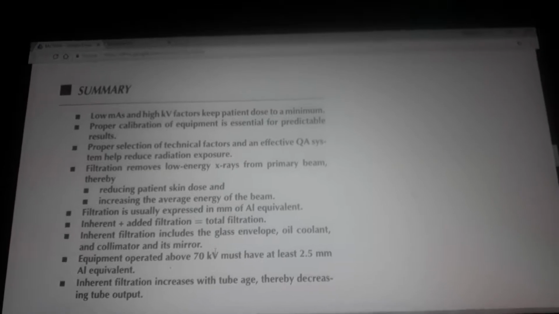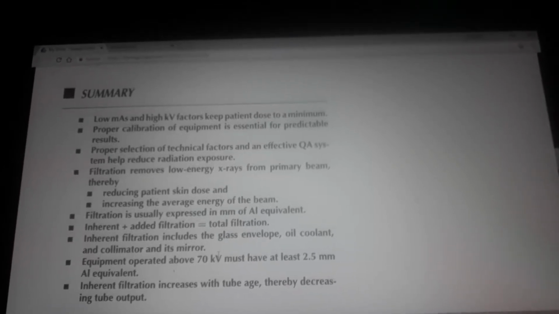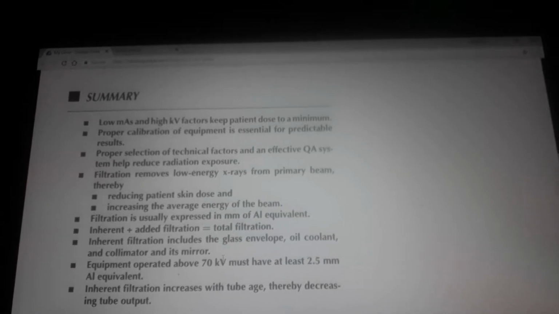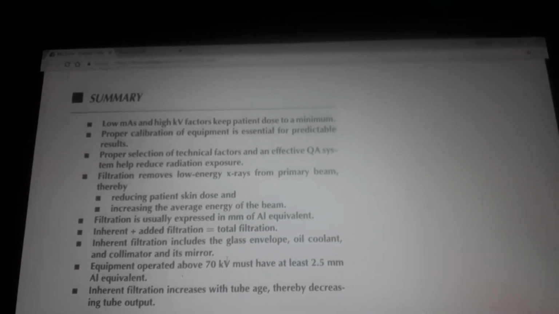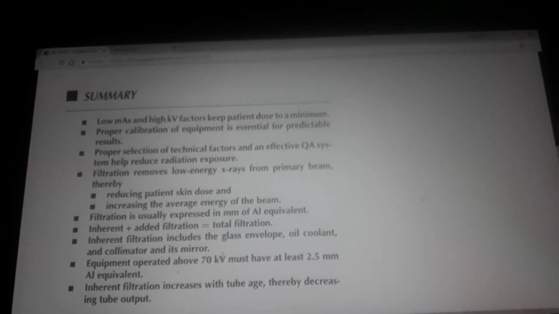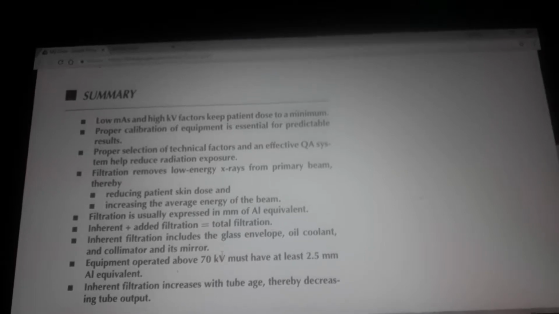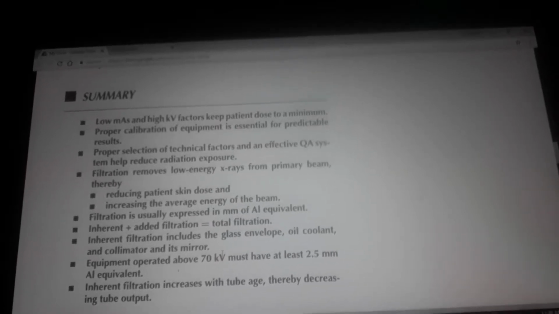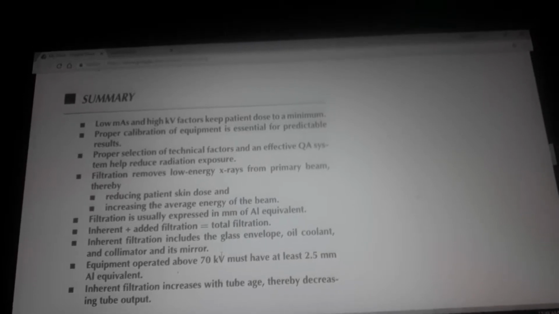Filtration removes low energy X-rays from the primary beam, thereby reducing patient skin dose and increasing the average energy of the beam. Filtration is usually expressed in mm of Al equivalent. Inherent plus added filtration is equal to total filtration.